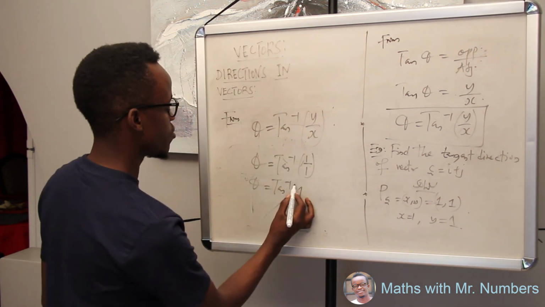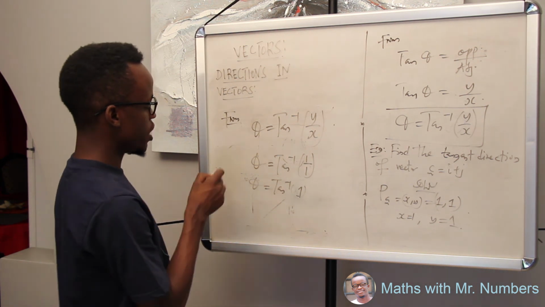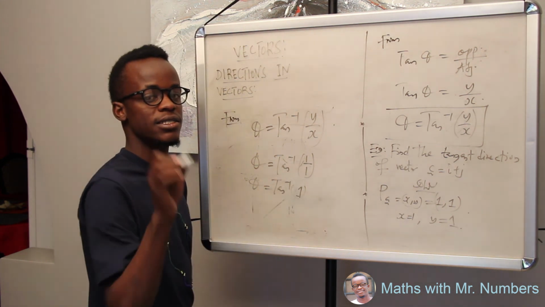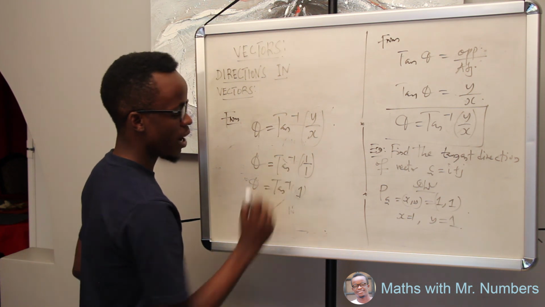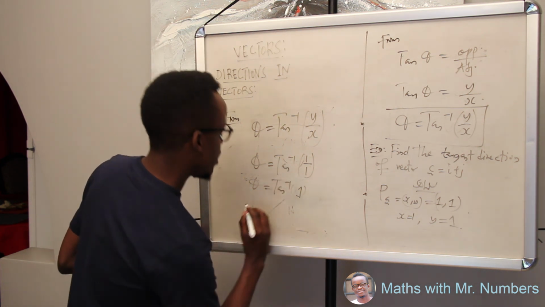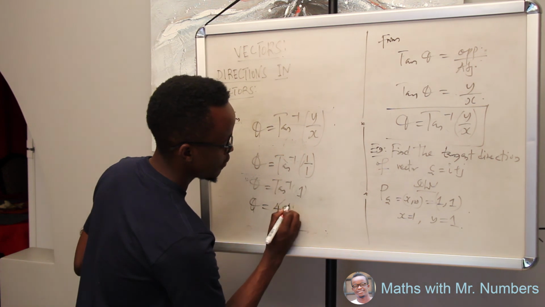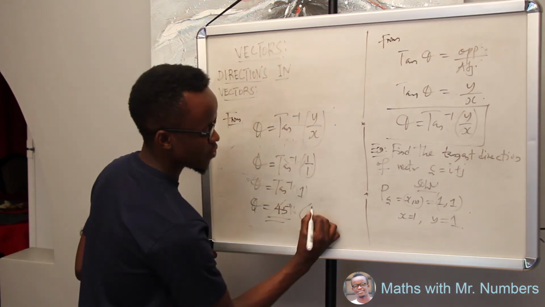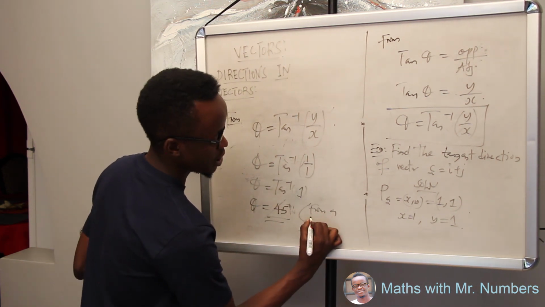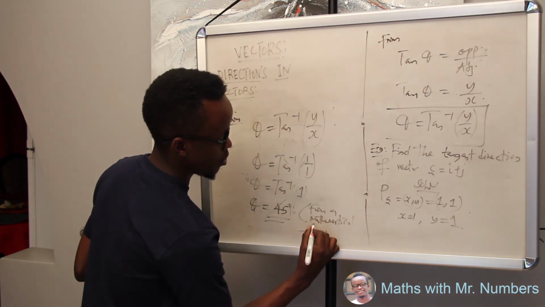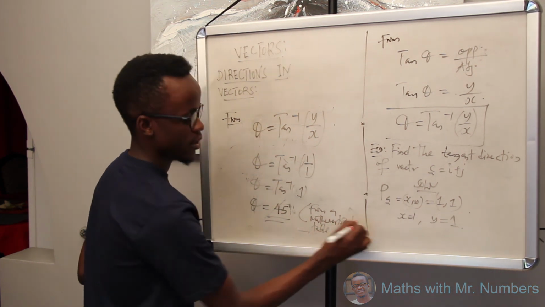Saying tan inverse of 1 means which angle will give you the value of 1. The angle which will give you the value of 1 is only 45 degrees. And this is from a mathematical table. Okay. Thanks.